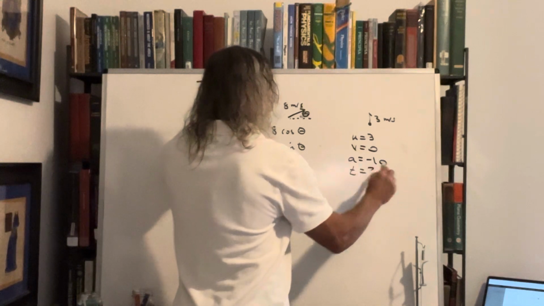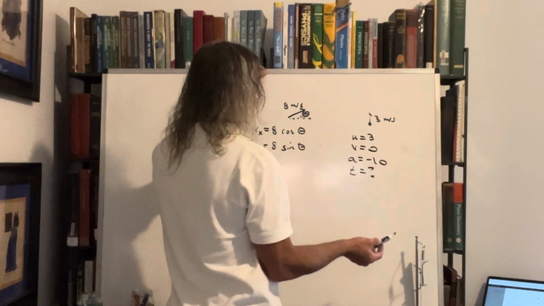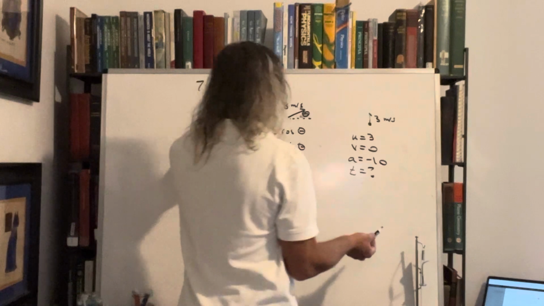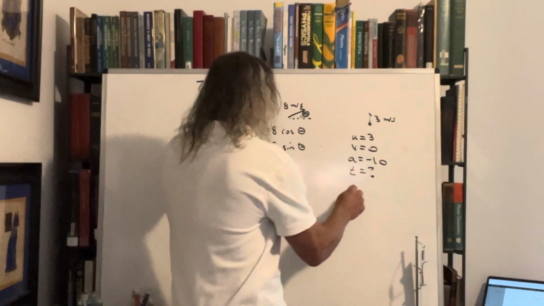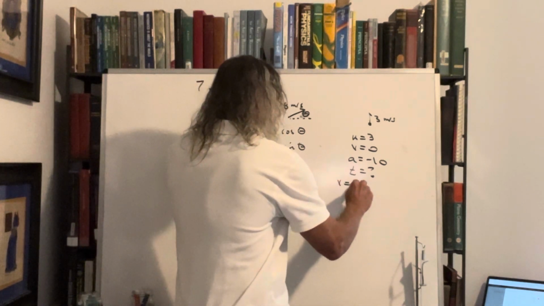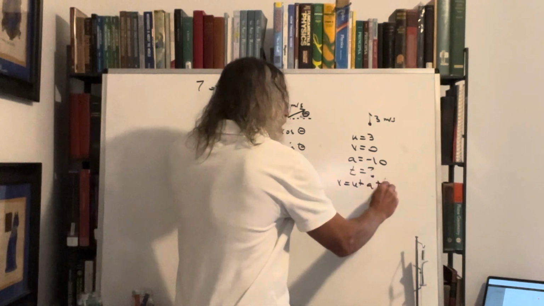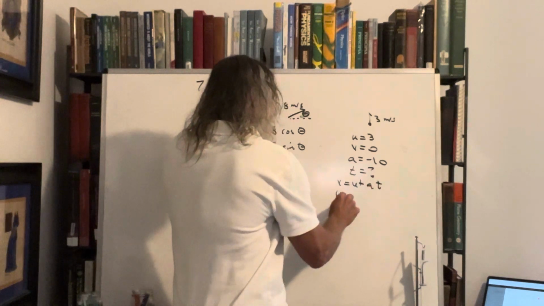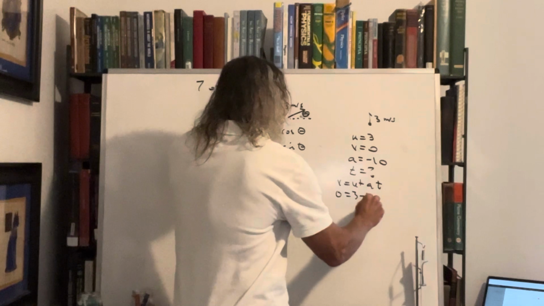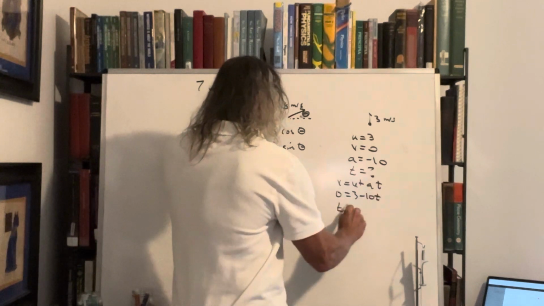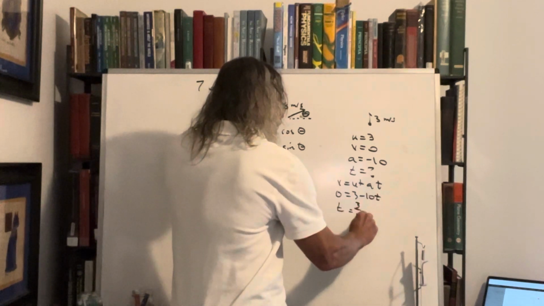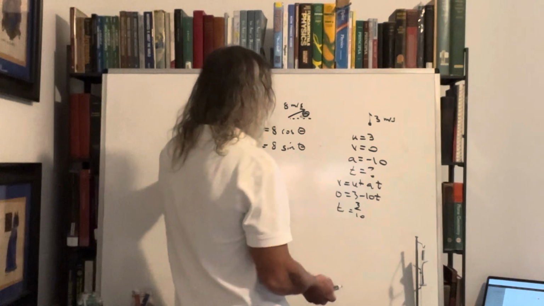T, we don't know. And then we can do V equals U plus AT. 0 is 3 minus 10T. T is 0.3 of a second, 0.3.